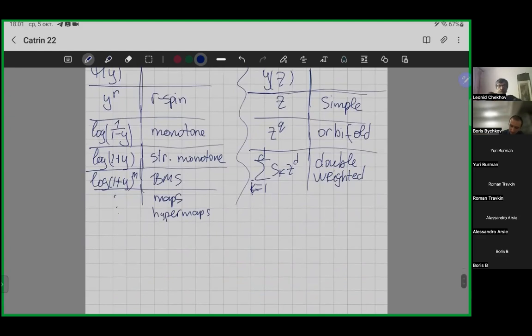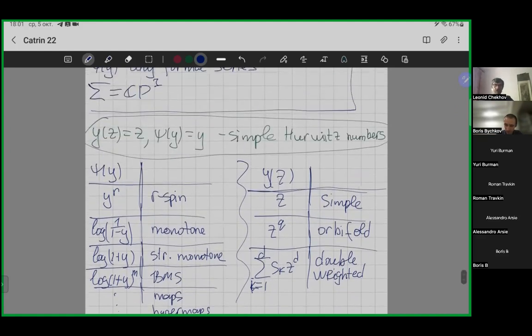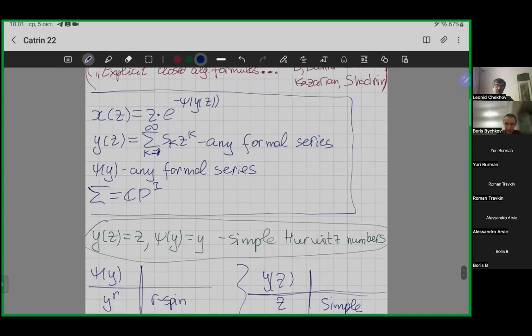Okay, so now I want to write the generating series. Yes, just please, like 3 minutes, no more. Okay, so maybe I can stop here.